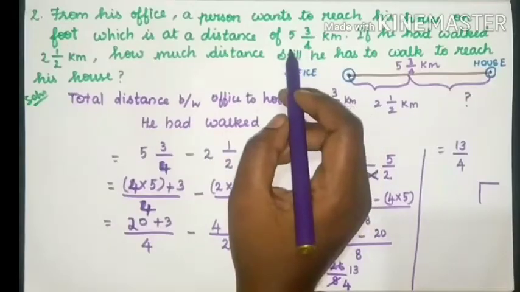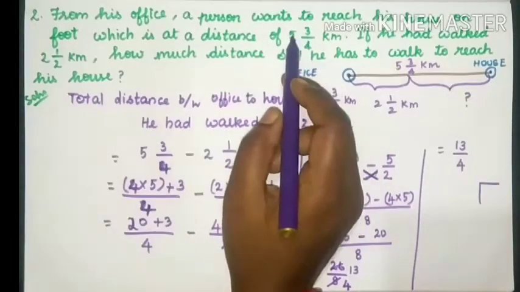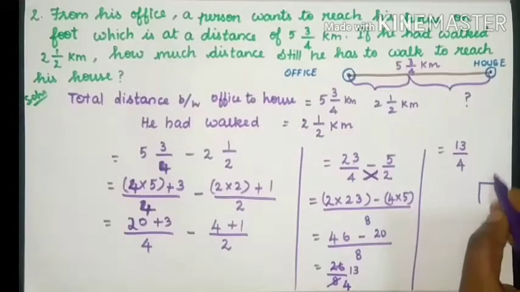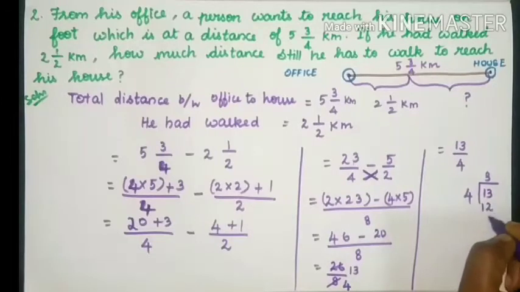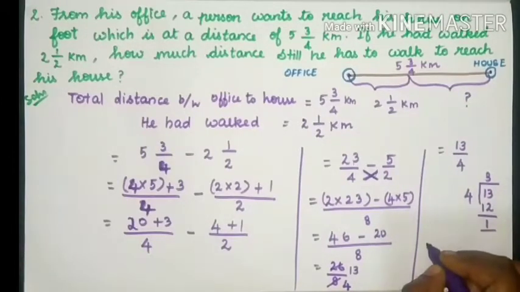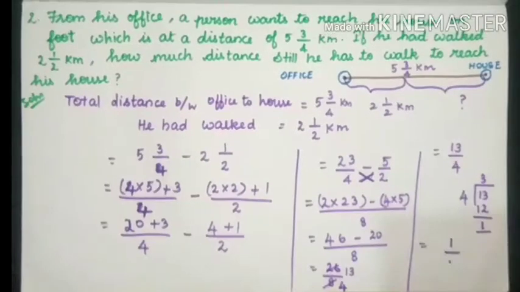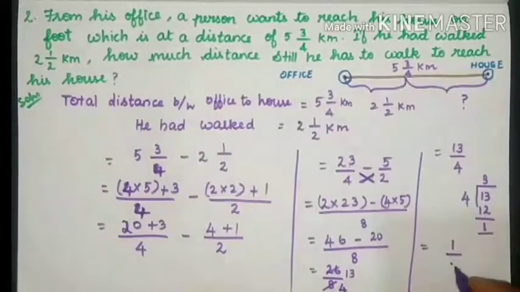The distance is given in the form of a mixed fraction, so you have to write this answer also as a mixed fraction. 4 3s are 12. Remainder 1. You have to write this remainder in the numerator place, divisor in the denominator place, and quotient in the whole number place.